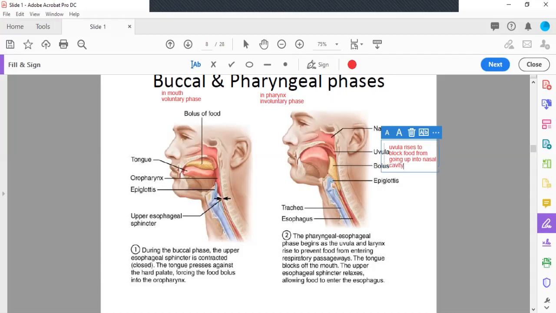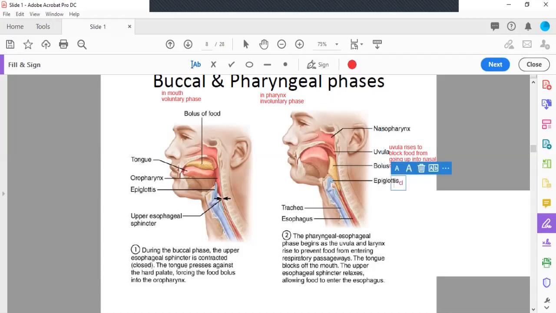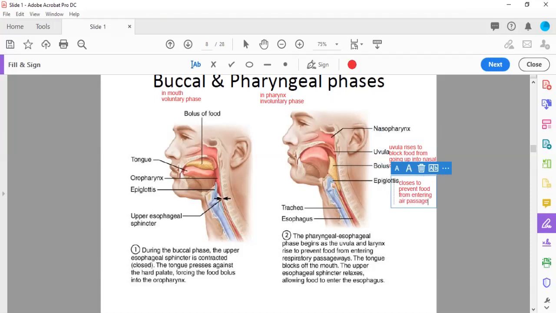Very good. And also the epiglottis closes to prevent food from entering the air passage, which in this case is the larynx. So the only option it has is to go into the esophagus.